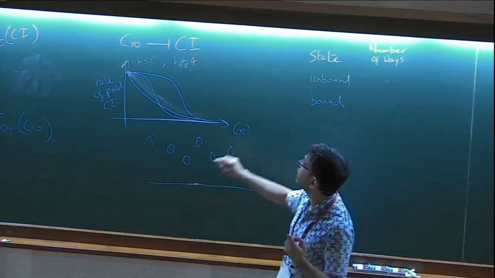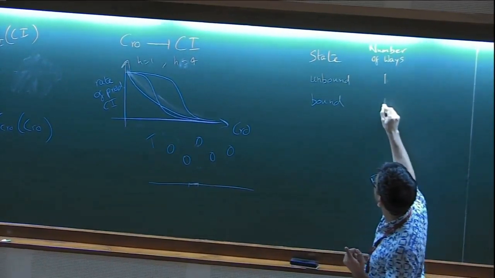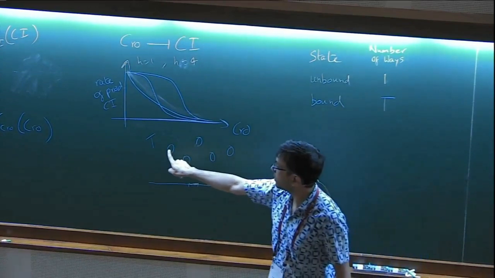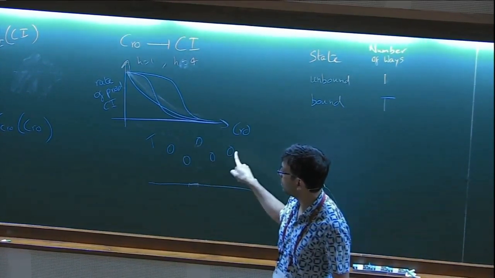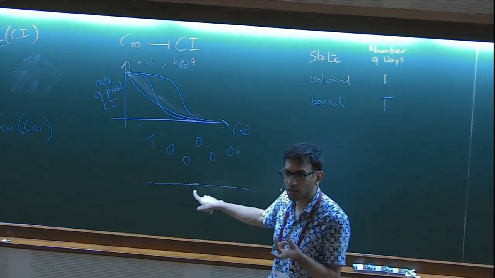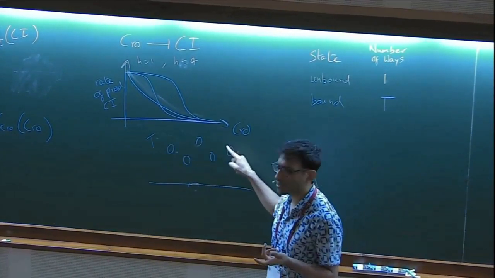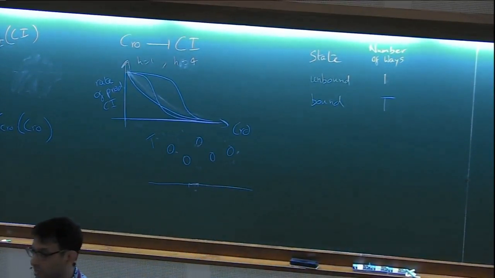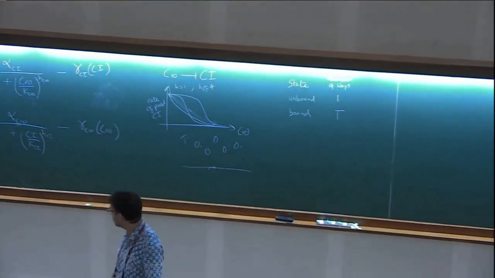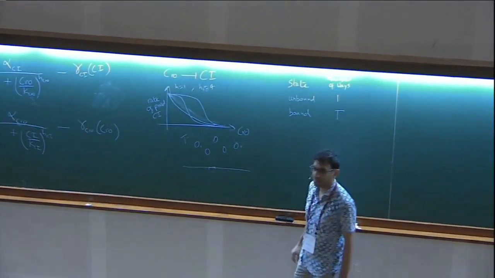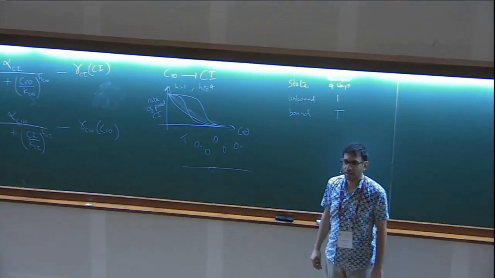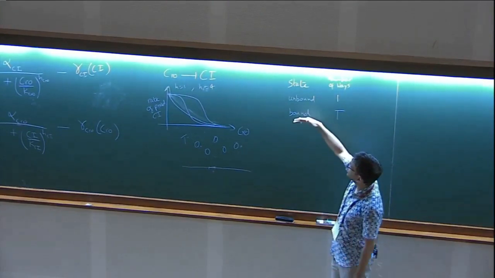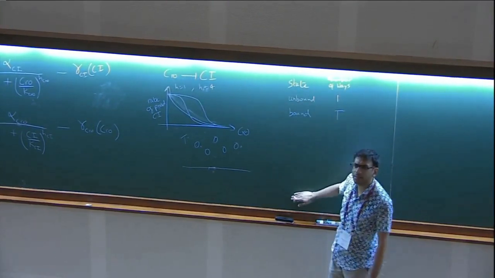But there are T ways to make the bound state, because it could be this one or that one. And those are different states. Because there are many molecules of the same transcription factor, there are actually that many different ways in which you could realize this state. Another way you could think of it is if I just expanded the set of states.